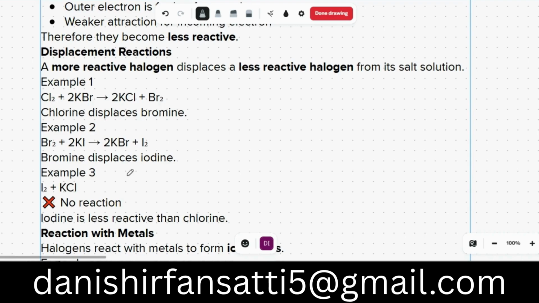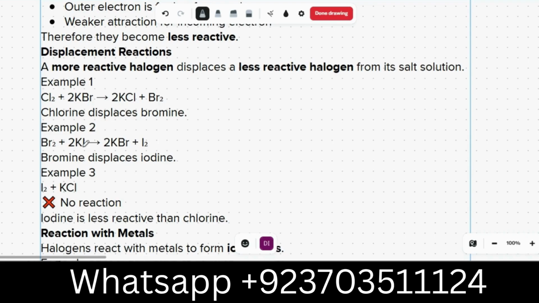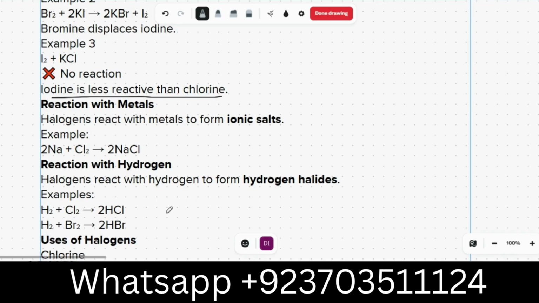Example 2 is bromine plus 2KI, that is iodide. Bromine is above iodine, so it will replace it. If we do the opposite, if iodine, which is below chlorine, is used to replace chlorine, there will be no reaction. Why? Because iodine is less reactive than chlorine.